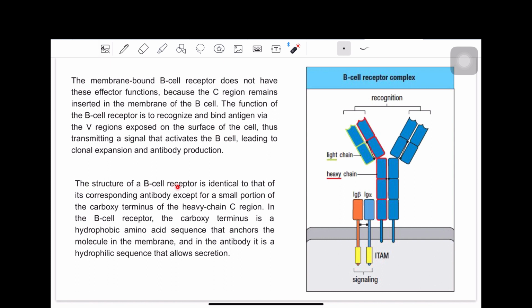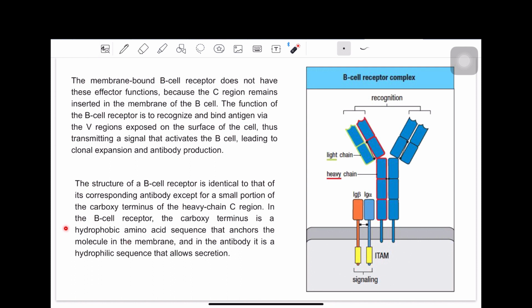Now, the structure of the B cell receptor is identical to its corresponding antibody, except for a very small portion at the C terminus, or the heavy chain constant region. As I mentioned, the C terminal region of this B cell receptor is transmembrane. So in the B cell receptor, the carboxy terminus is a hydrophobic amino acid sequence.